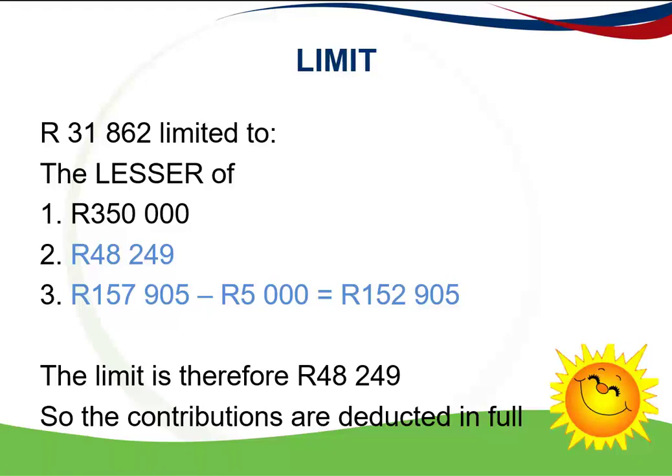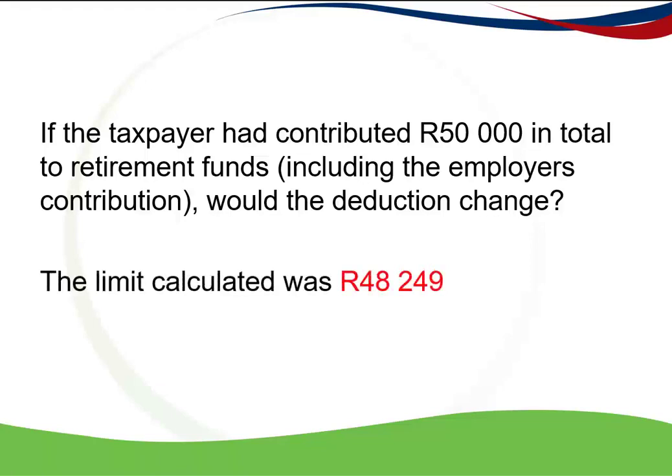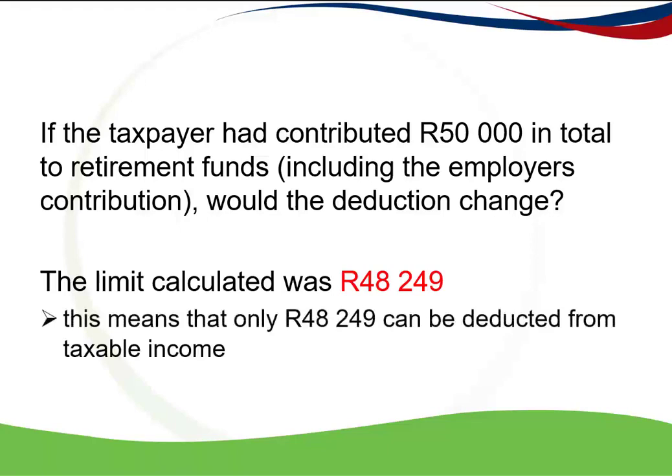What I want to look at now is let's just change the example and say, what if this taxpayer had contributed 50,000 Rand in total to retirement funds, including the employer's contribution? Would the deduction change? Well, certainly remember the limit was calculated to be 48,249. So that means that only 48,249 can be deducted from taxable income and not the full 50,000 that they contributed.